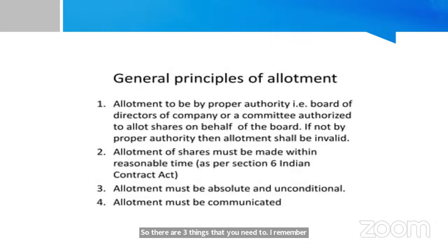First is voting rights of members holding equity share capital. Section 43, section 50 subsection 2, section 188 subsection 1, all talk about voting rights of members holding equity share capital.